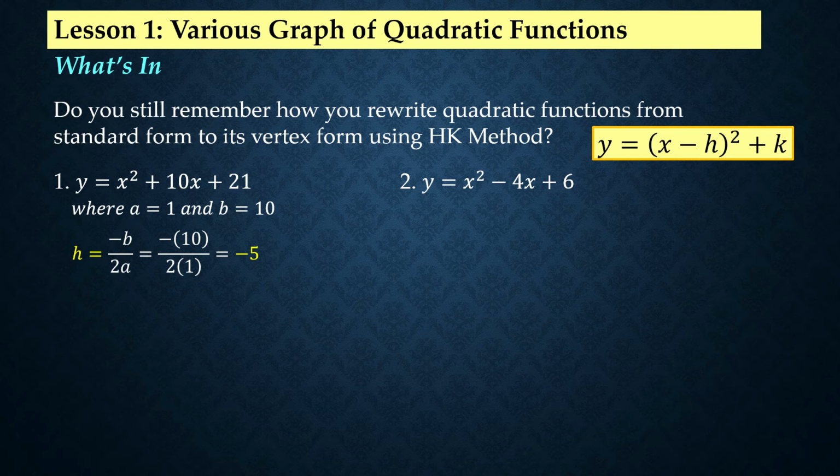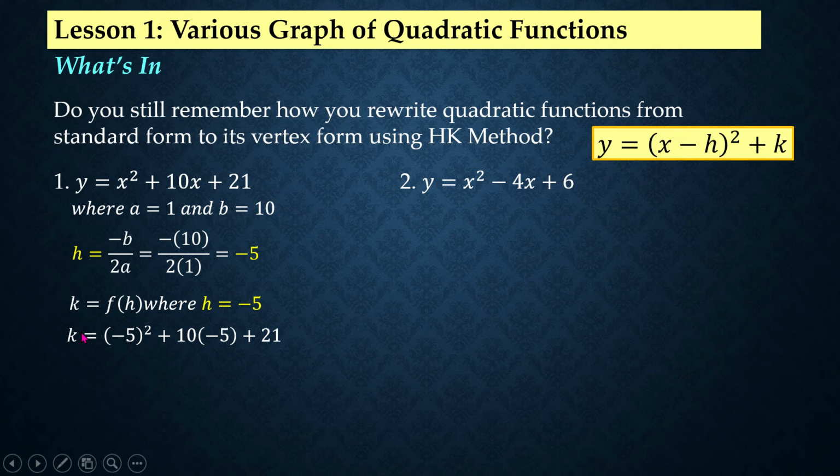So we will plug in the value of h to find the value of k, since k is equal to the function of h, wherein h is negative 5. So substitute negative 5 into the original equation y is equal to x squared plus 10x plus 21, replacing x with negative 5.